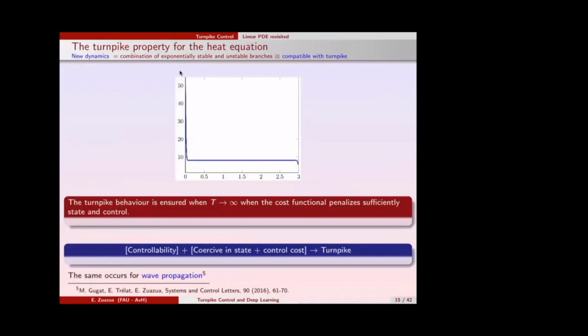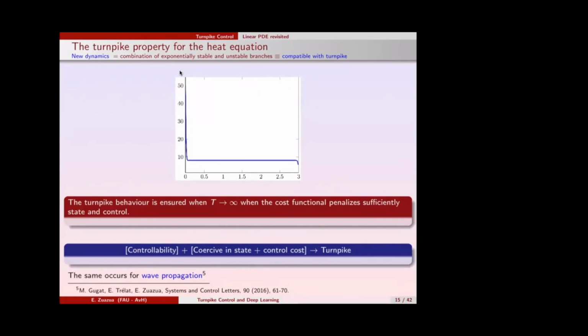principle. So the Turnpike principle says that indeed a system that is controllable will enjoy the property of Turnpike. But in order to enjoy the property of Turnpike, you need to consider controls which are not simply the controls we were considering before, the ones of minimal norm, but rather the controls that make a compromise between the minimum of the norm of the control and the minimum of the norm of the state.